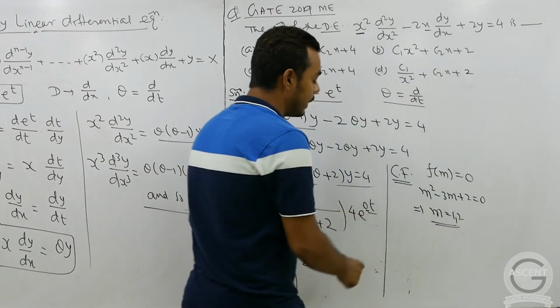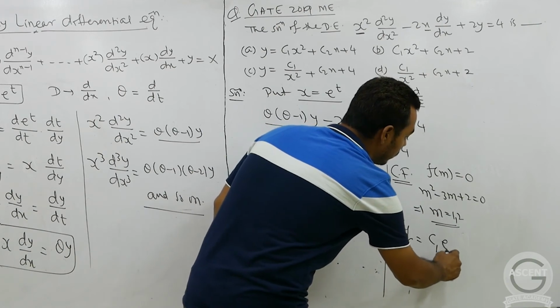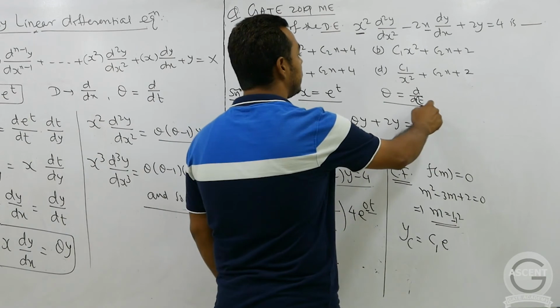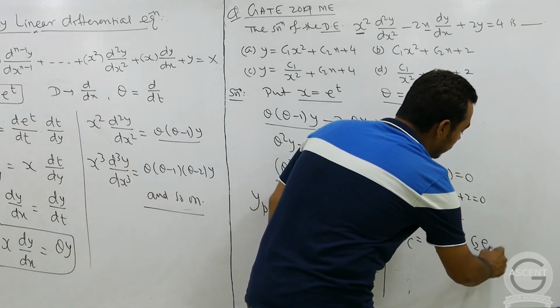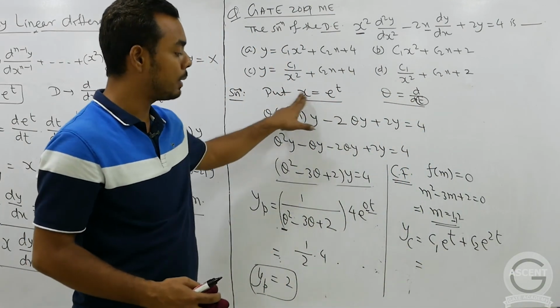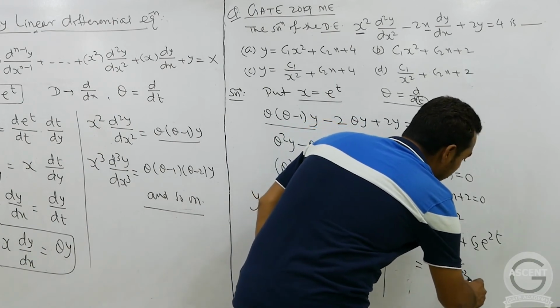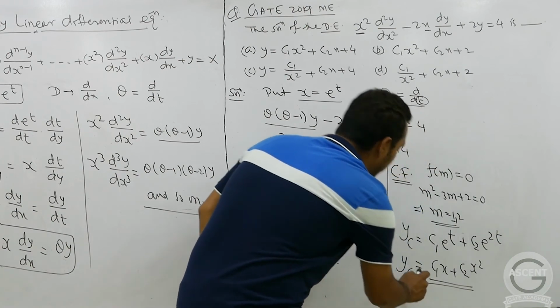Once you have obtained the value of m, your complementary function will be c1 e to the power m1 t, and your independent variable is t here. So c1 e to the power m1 t plus c2 e to the power m2 t. Now we all know that e to the power t is nothing but x. So this will give us c1 x plus c2 e to the power 2t will become x square. So this is your complementary function.